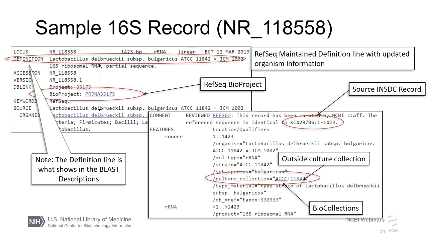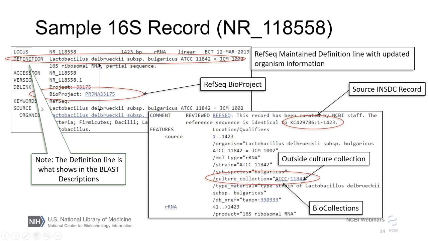What happens a lot of times with the GenBank records is that the definition line organism will be out of date, even though the taxonomy is updated in the organism field. And the important thing about the definition line is that that's the thing that shows up in the BLAST descriptions. And a lot of people are looking at the species name from there. So that's why it's useful to use these RefSeq records, because we're going to ensure that that species name is the best one we can come up with.